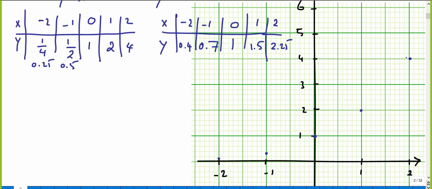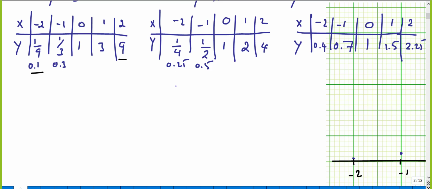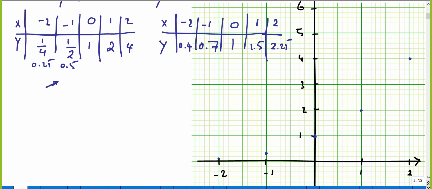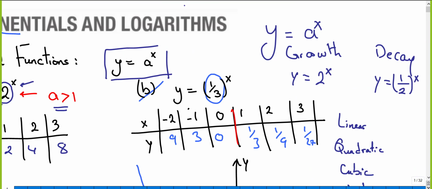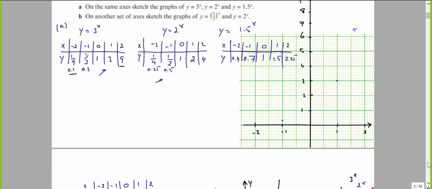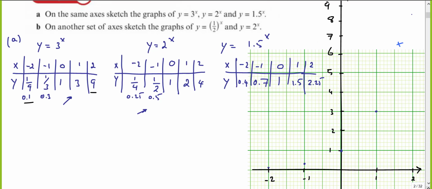I'm sorry, I'm graphing the wrong one. This is 0 and 1, 1 and 1/3, and 2 and 9. Where is 2 and 9? Up. I'll shrink the page a little so we can see it. 2 and 9 here.